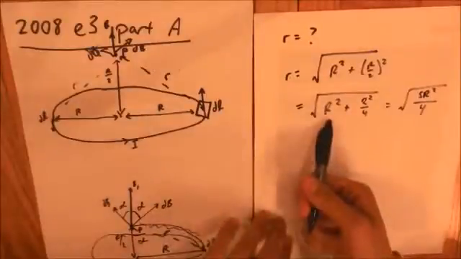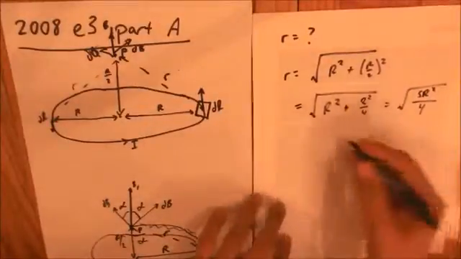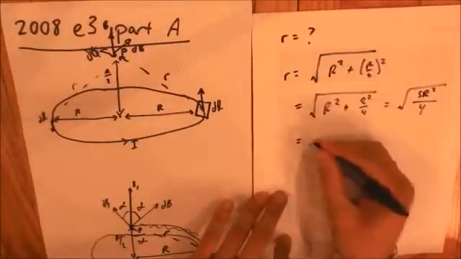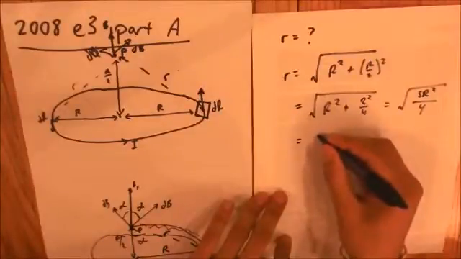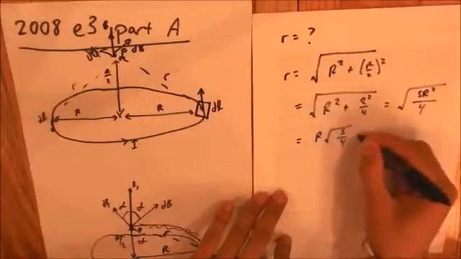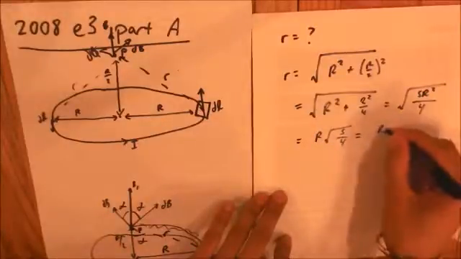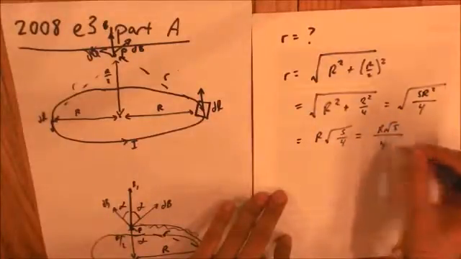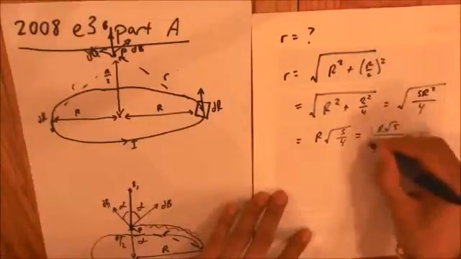If this were just turned into 4R squared over 4, and then combine like terms, we can simplify and pull out this R: R root 5 over 4. Big R root 5 over 4 is equal to little r.